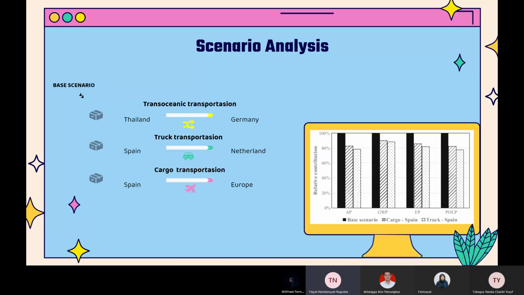For the two scenarios, this is shown alongside the base. In this chart, we can see at least a 20% reduction is observed in the total impact when the PLLA is produced and transported by truck from Spain to the Netherlands when compared to the base scenario.